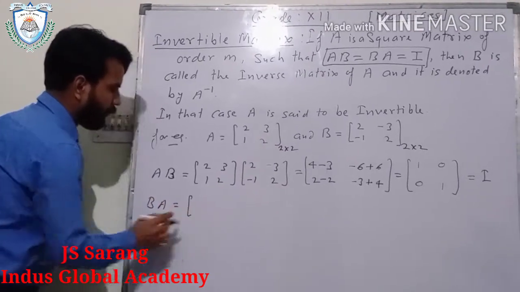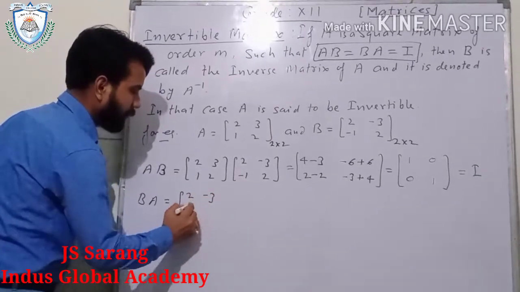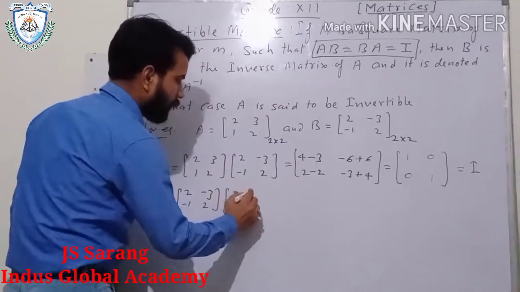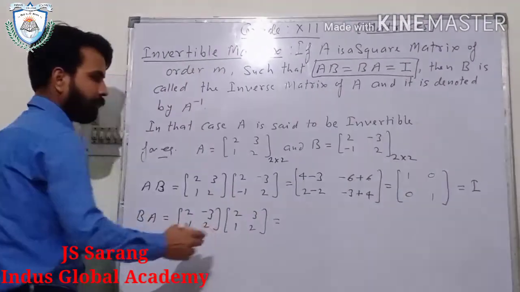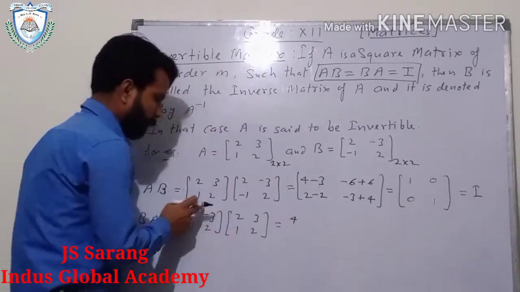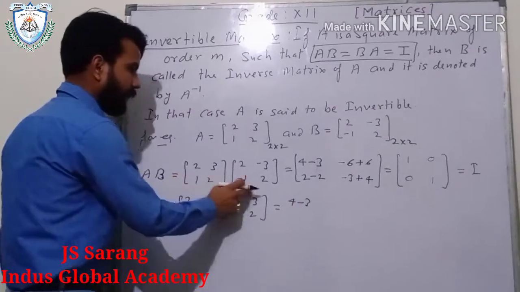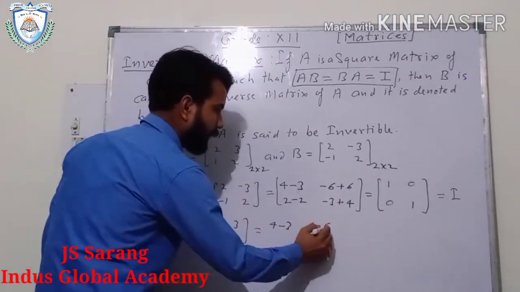So here we will write the B matrix first, 2, minus 3, minus 1, 2 into A. A is 2, 3, 1, 2. Now we will multiply them. So we will get 2 twos are 4, minus 3 into 1 is minus 3. Now 2 into 3 is 6 and minus 3 into 2 is minus 6.